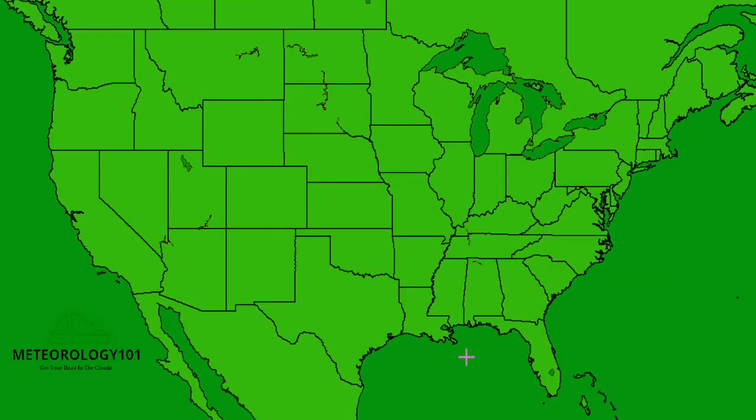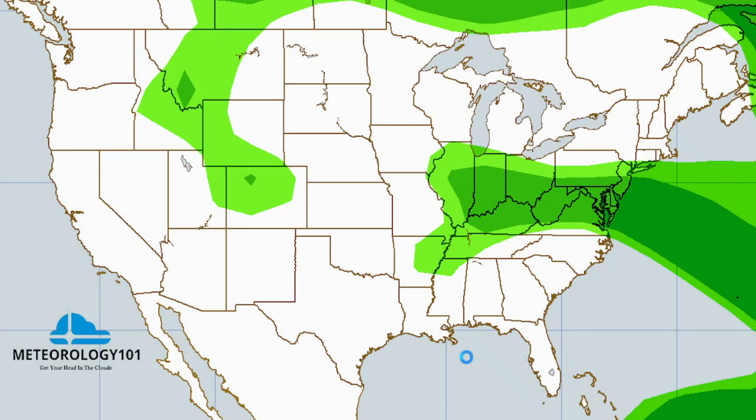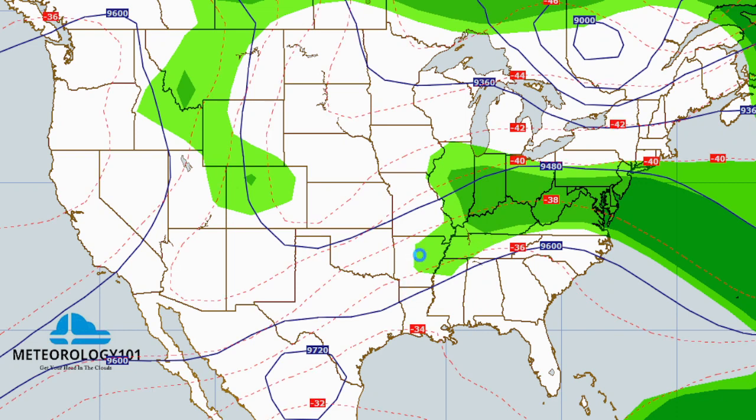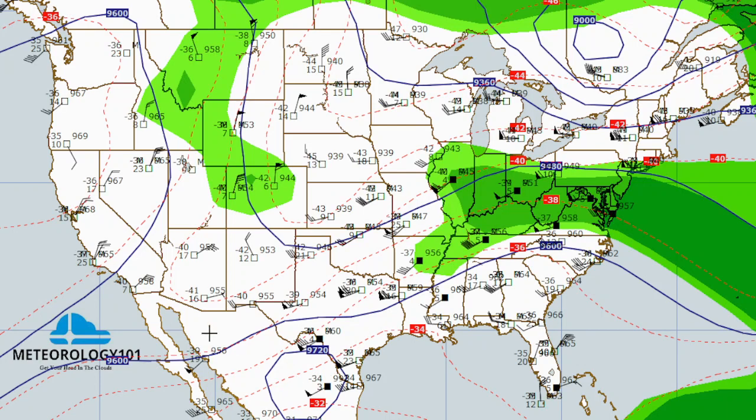Alright, now we're getting into the upper levels where we can see where our jet is. We still have significant moisture in the Midwest. Even down into Arkansas, there's at least 60% relative humidity. Broken, overcast, 50 knot winds, the upper level jet into Ohio, and that's right through that ridge.